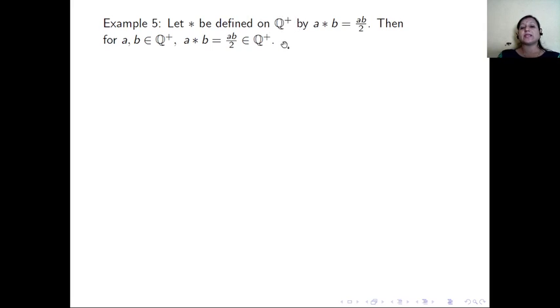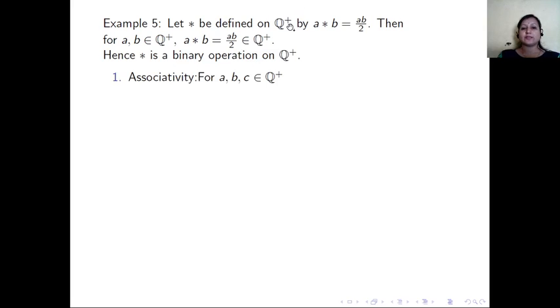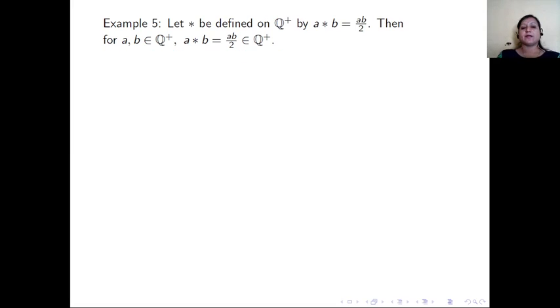It is the set of all positive rational numbers. Means 0 is not there in this set. Also negative rationals are not there in this set. And if you consider any two positive rational numbers A and B, their product A star B is defined as AB upon 2, which is again a positive rational number, hence it belongs to Q plus. Hence, star is a binary operation on Q plus.